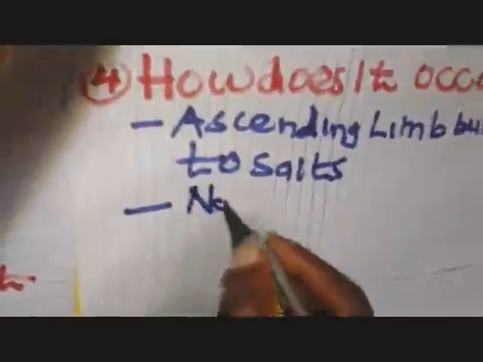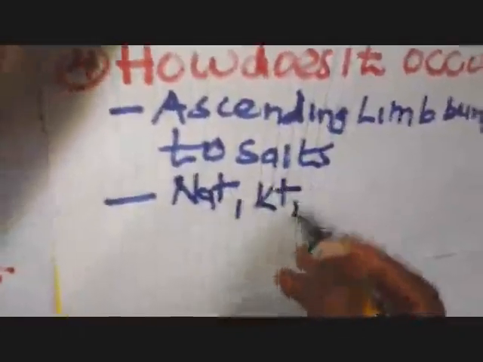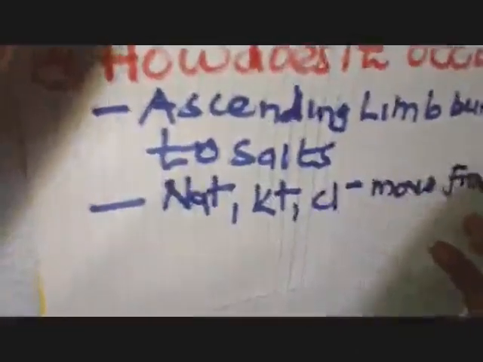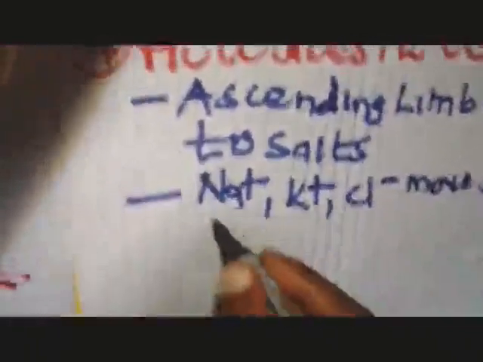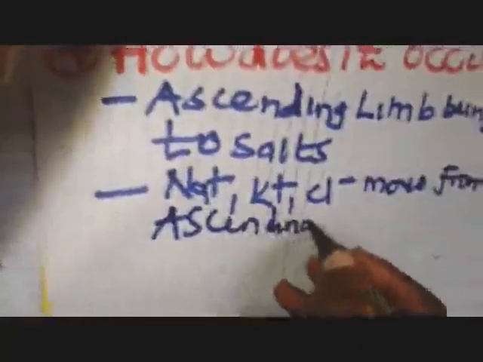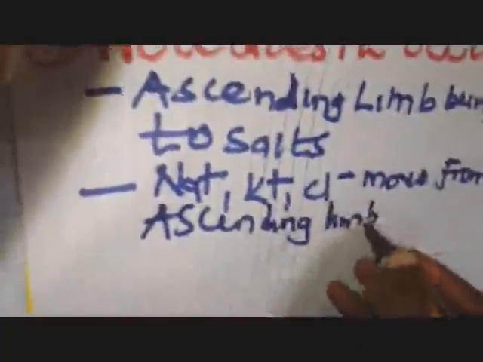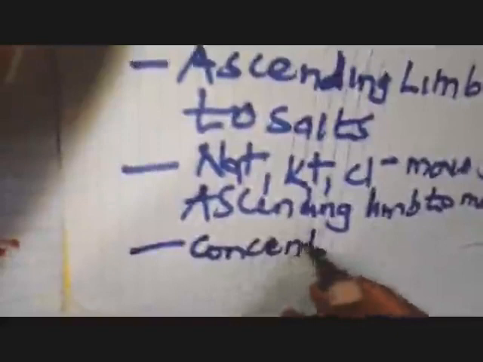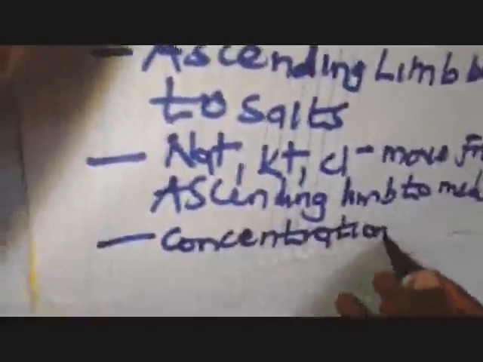The sodium ions, potassium ions, and chloride ions move from the ascending limb to the medulla. What happens there? The concentration of the salts increases.